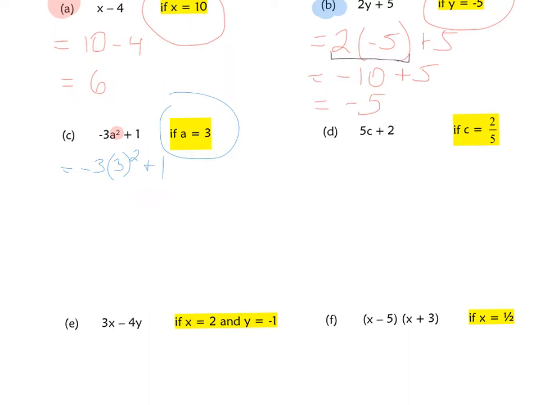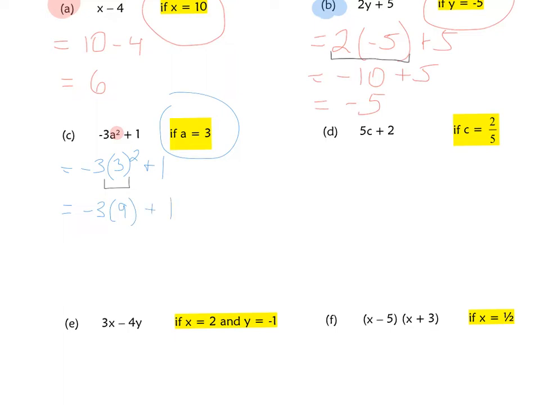So if we go back to BEDMAS, we think brackets. Technically, there's nothing really happening in the brackets here, I just have a 3. But E in BEDMAS is exponents, so we're going to deal with this right here. Technically that's 3 times 3. 3 times 3 is 9 plus 1.